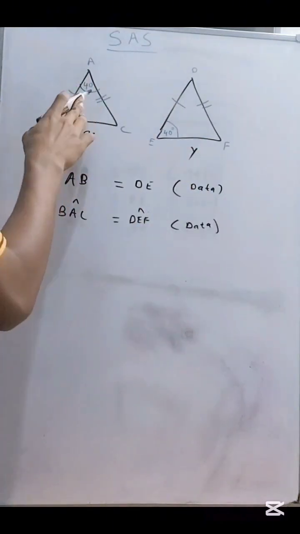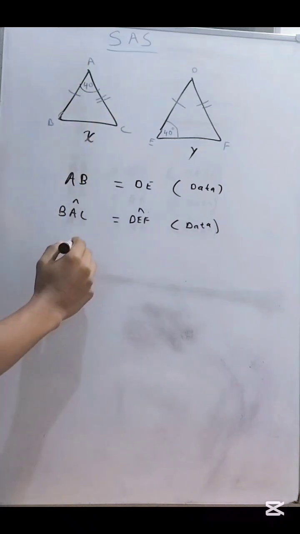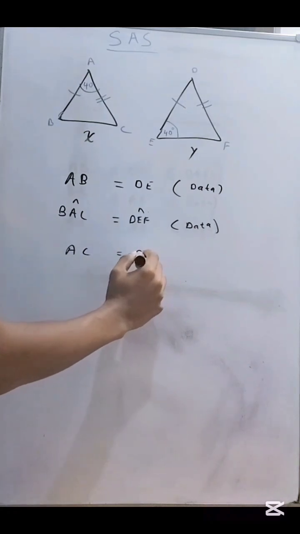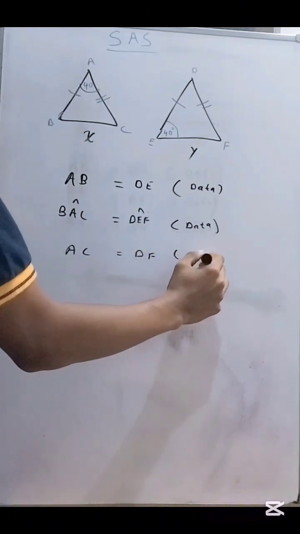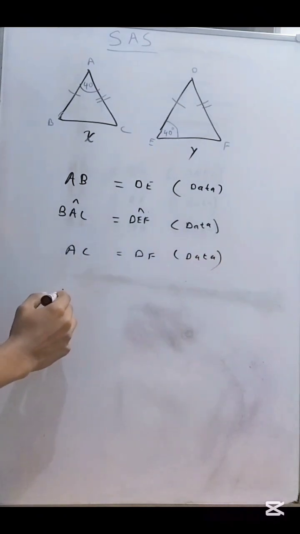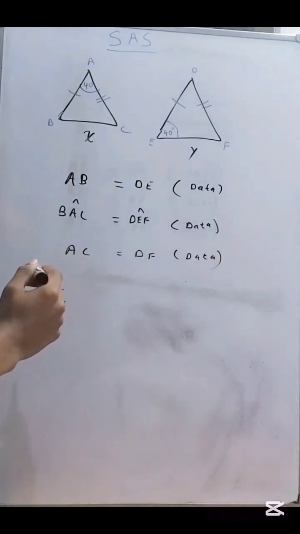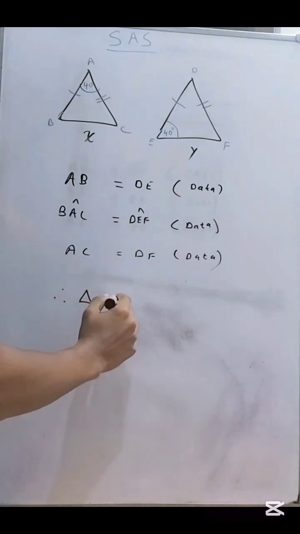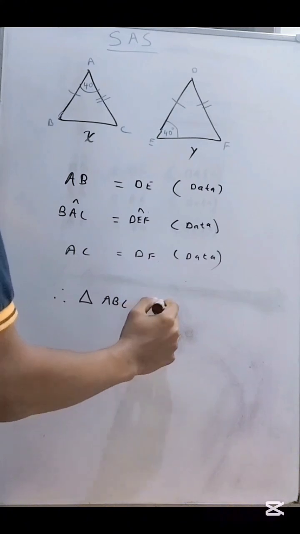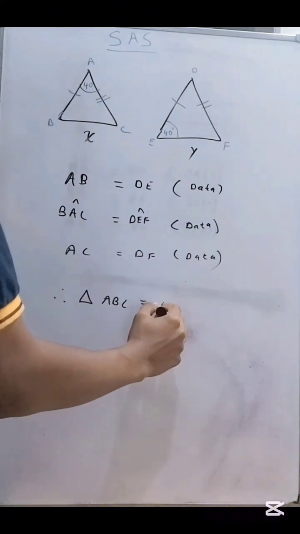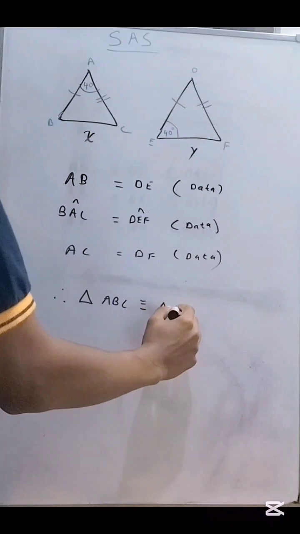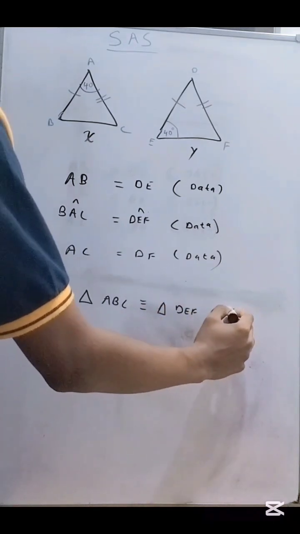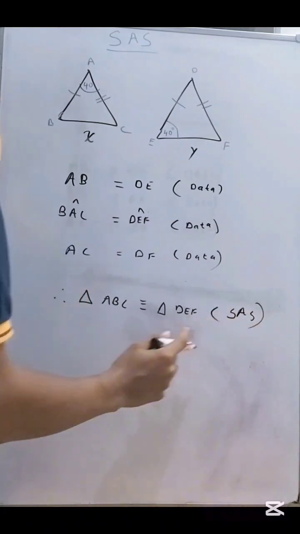Next, the last, AC is equal to DF. Reason: data. So as a final answer, we summarize it. The triangle ABC is congruent to the triangle DEF, reason: side, angle, side.